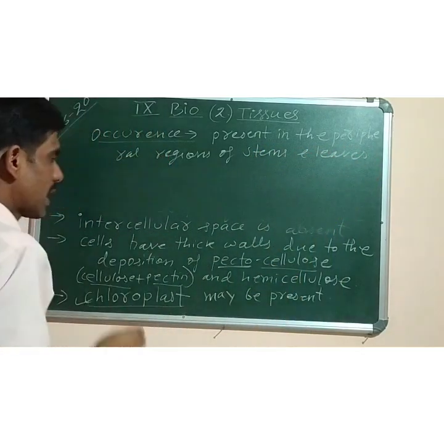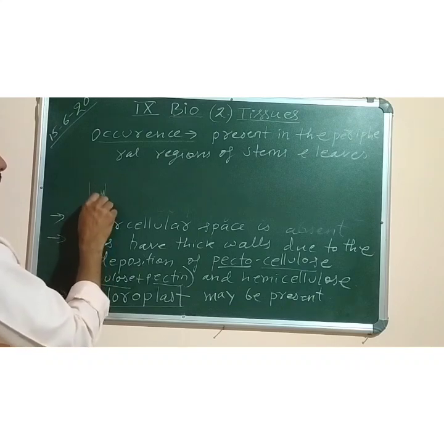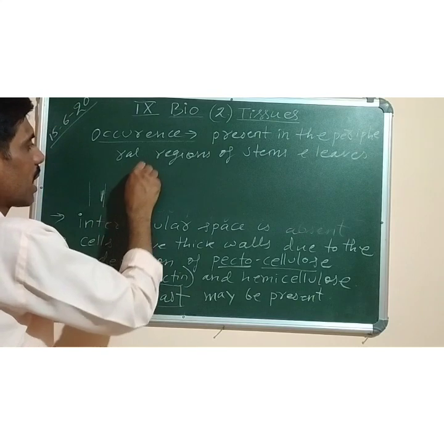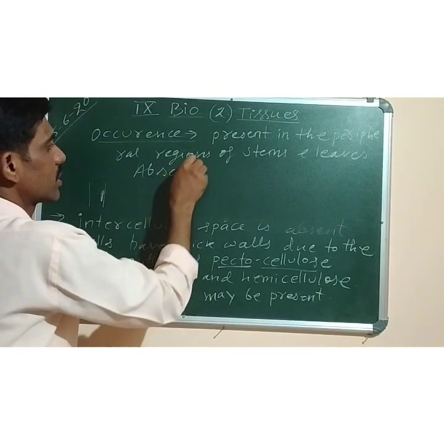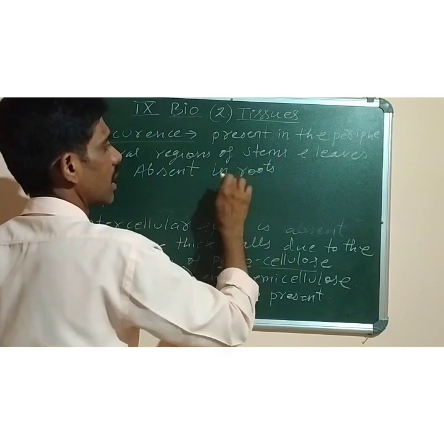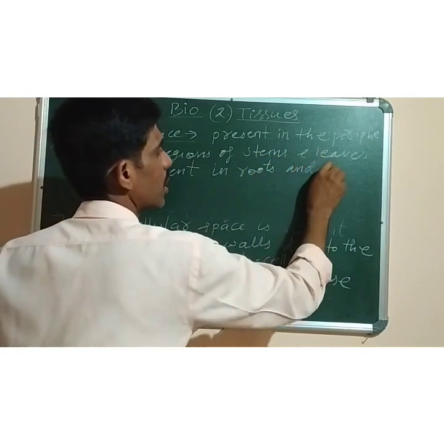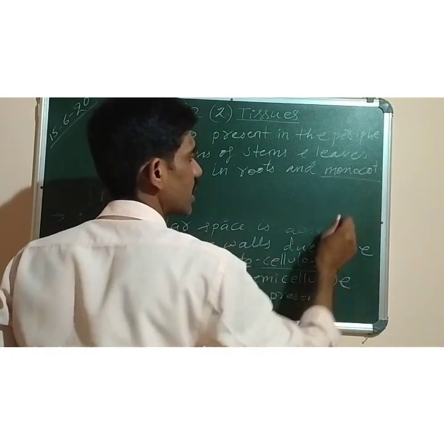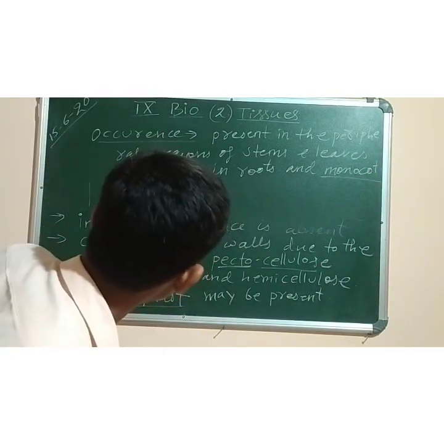Means these two places, like if any stem is here, the peripheral outer region, it is present. In the leaves also, in the outer region it is present. It is absent in, that is collenchyma tissue is not found in roots and monocot plants. Monocot, you know, those plants which have a single cotyledon in their seeds, they are called monocots.